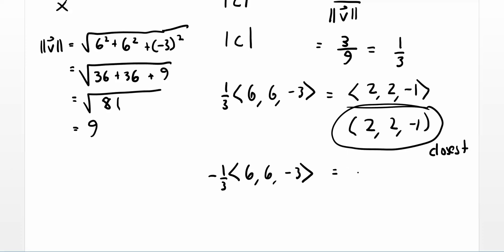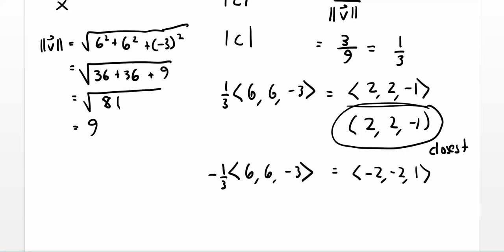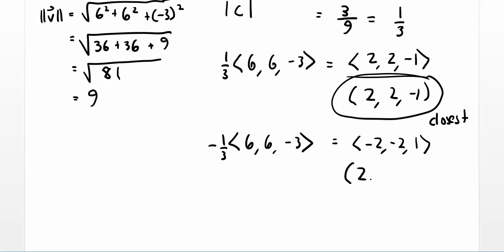That's going to give us negative 2, negative 2, positive 1. And again, we'll treat this as a point, negative 2, negative 2, and positive 1. And this is our farthest point.